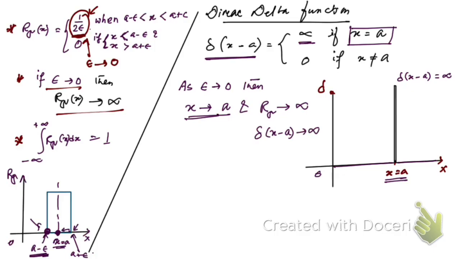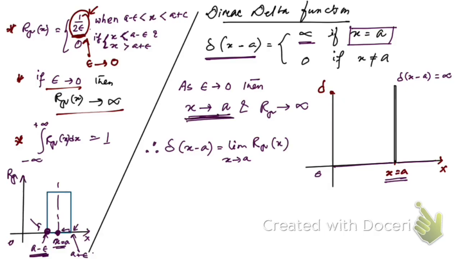So that's why we can say that this function becomes equal to infinity when x is equal to a. This is nothing but a limiting case, that is, delta x minus a is equal to the limit x tends to a of this rectangular function, right?